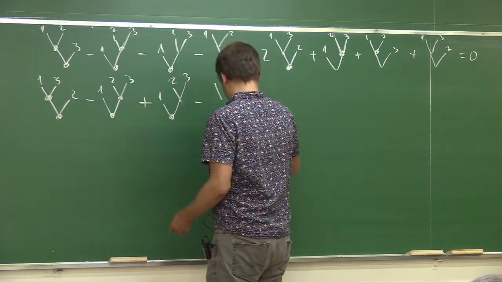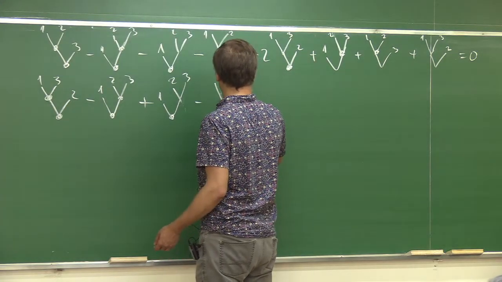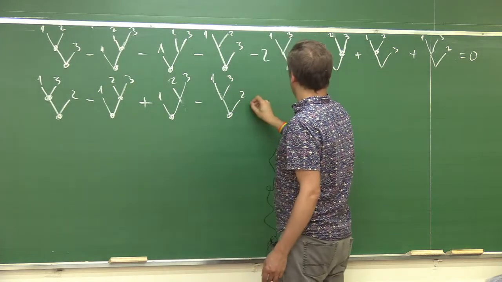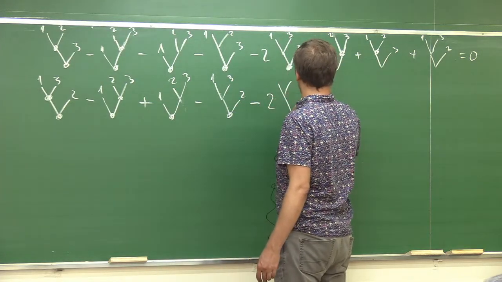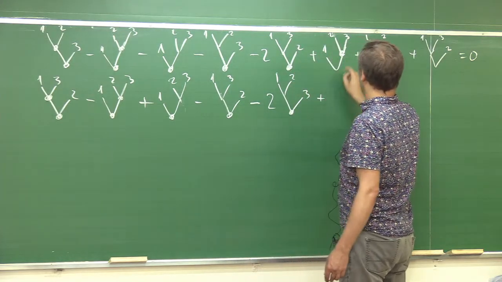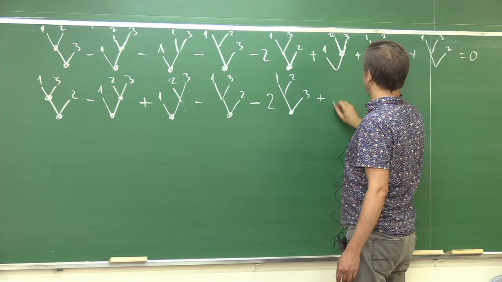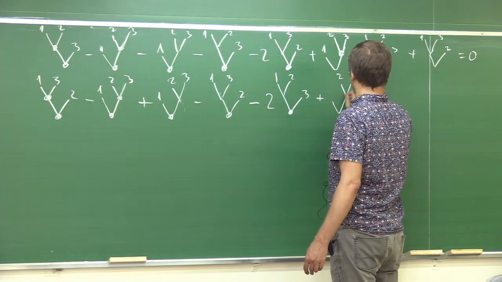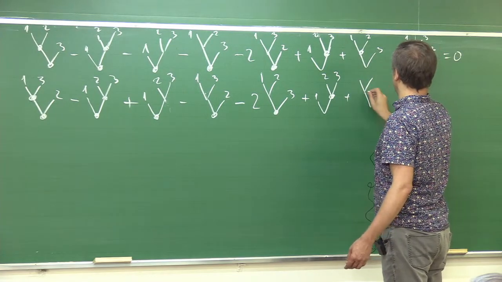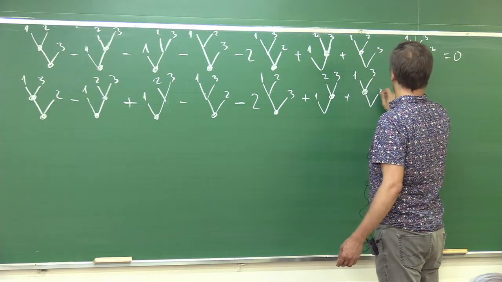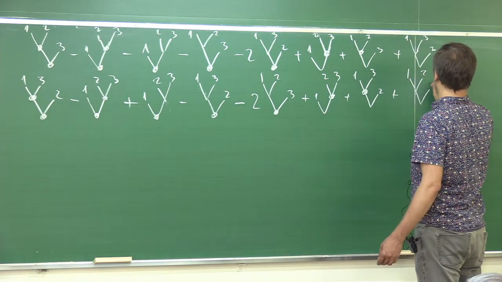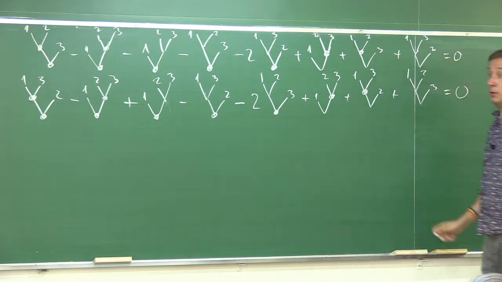Here it's a perfectly valid shuffle tree like that. Minus 2, 1, 2, 3. Plus I exchange, it's a symmetrized product, so this is fine. Plus 1, 3, 2, plus 1, 2, 3 is equal to 0. Voilà.